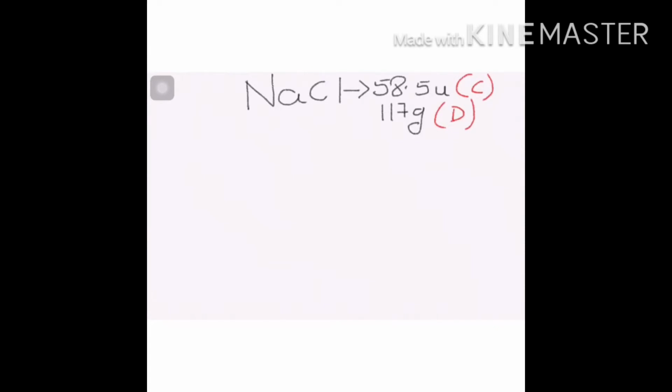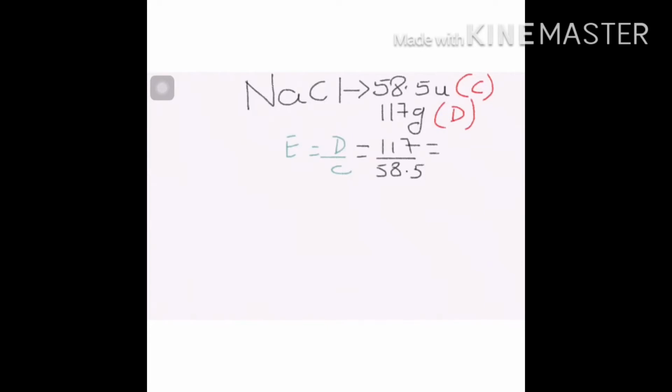So further now you need to solve E, which is D upon C, which is in moles, right? So E is equal to D upon C. So when you substitute the value, that is 117 grams, which is the value for D, divided by 58.5, the value of C, you get the answer, that is 2 moles.